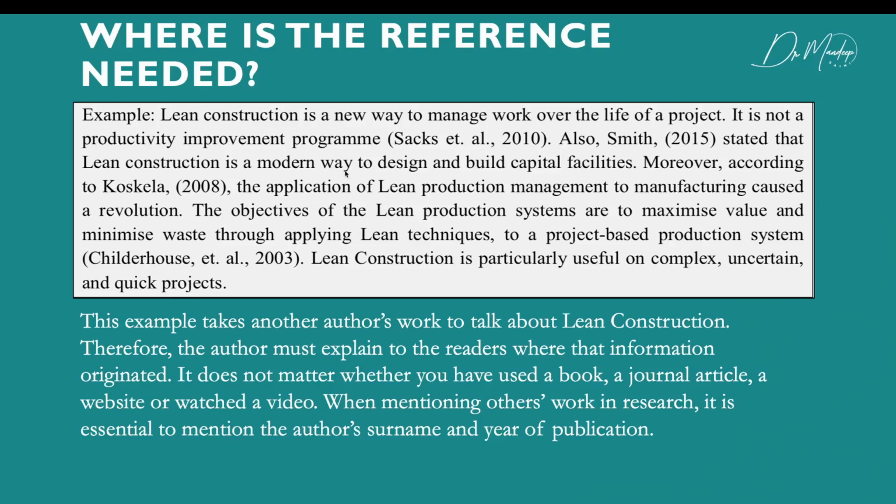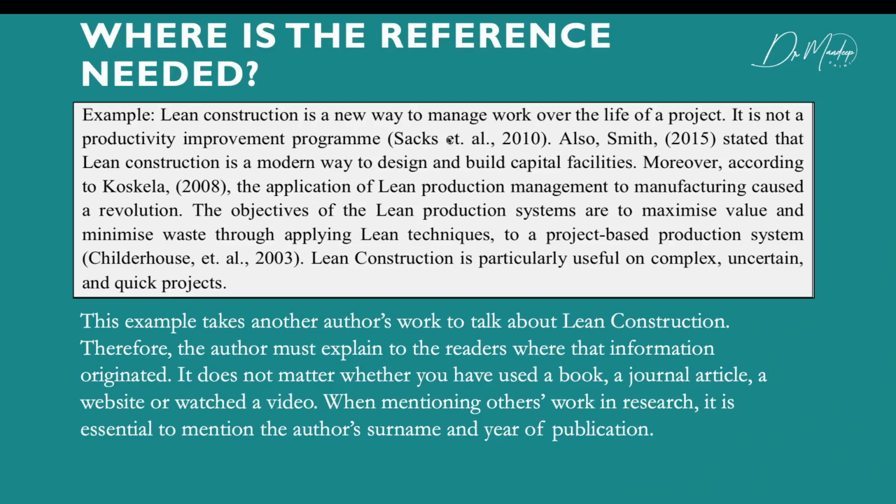For example, here: lean construction is a new way to manage work over the life of a project. That is just 1 sentence, and after that, in continuity, it is not a productive improvement program. So Sachs et al. in 2010 talked about lean construction being a new way to manage work. Okay, that is fine.